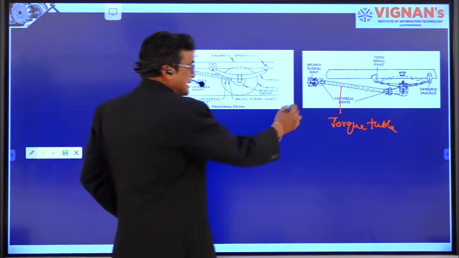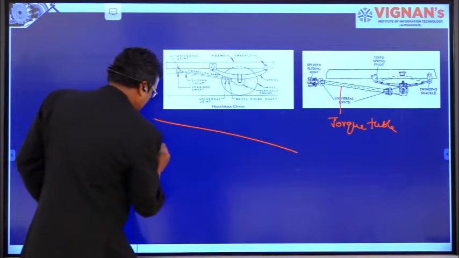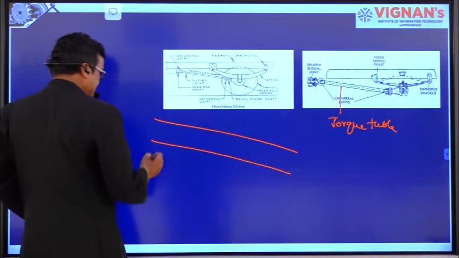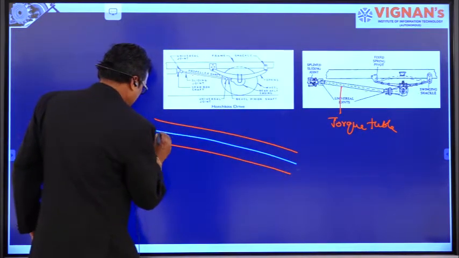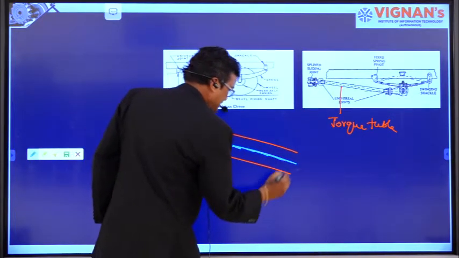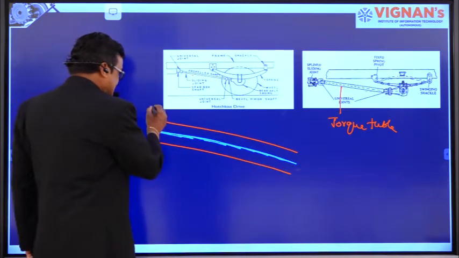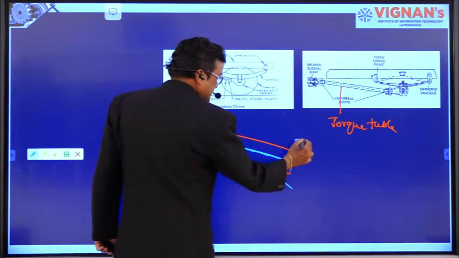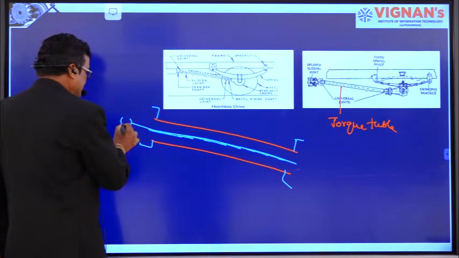What is there inside is the torque tube, and the propeller shaft is like this. It is a solid one, and this is mounted firmly here to the chassis frame, and this is connected to the universal joint here.